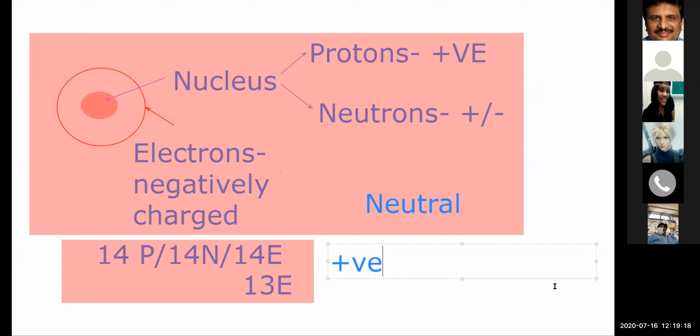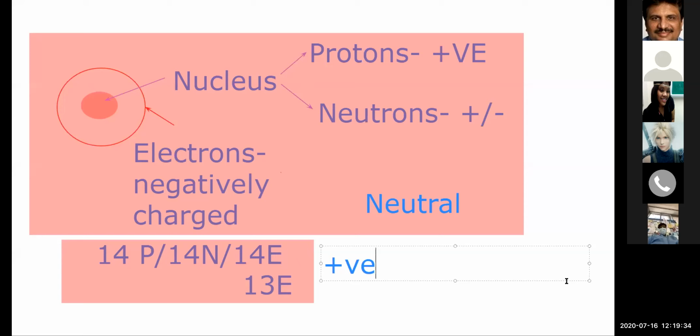So you don't say a positive atom or a negative atom.